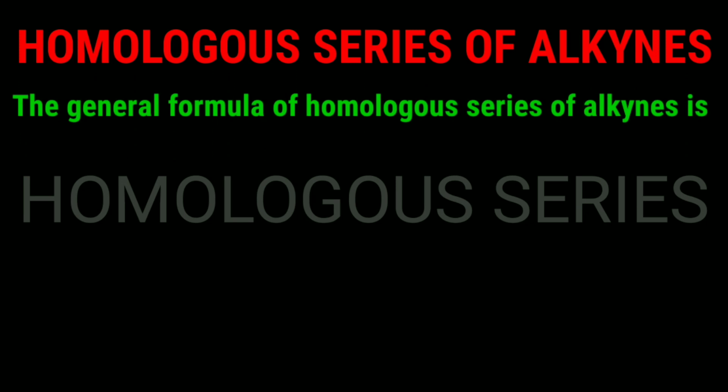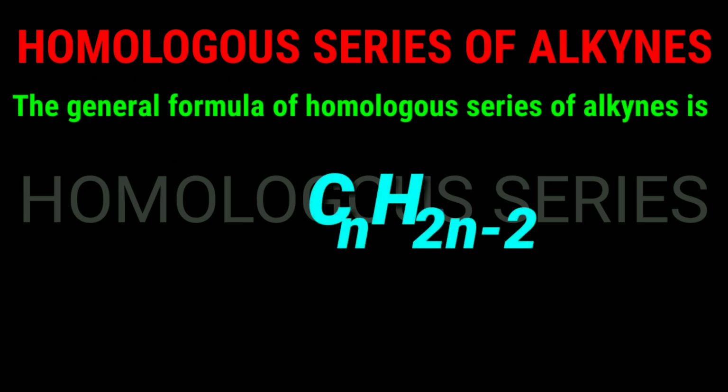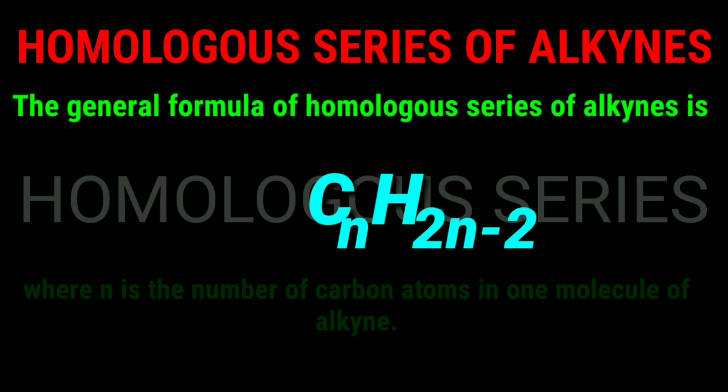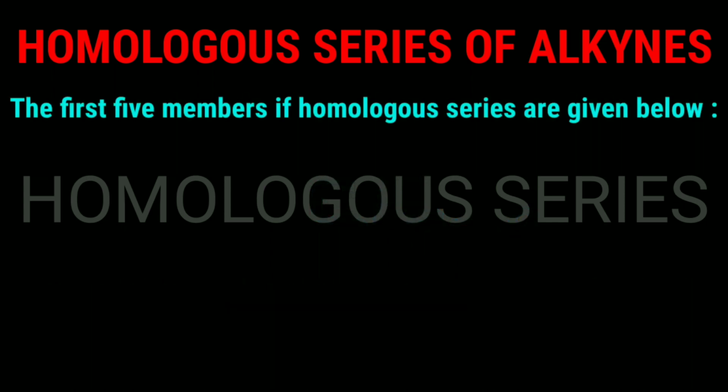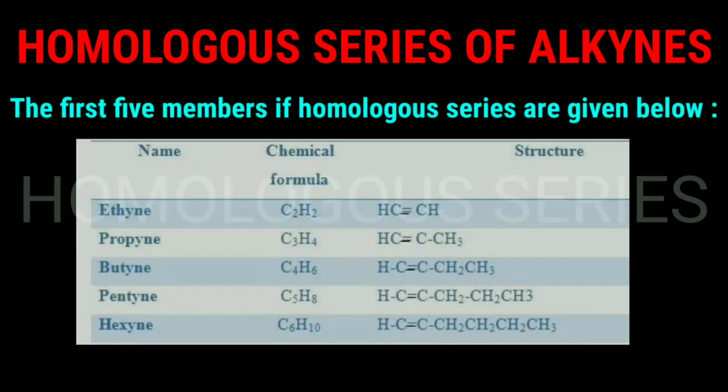Homologous series of alkynes. The general formula of the homologous series of alkynes is CnH2n minus 2, where n is the number of carbon atoms in one molecule of alkyne. The first 5 members of the alkyne homologous series are given below.